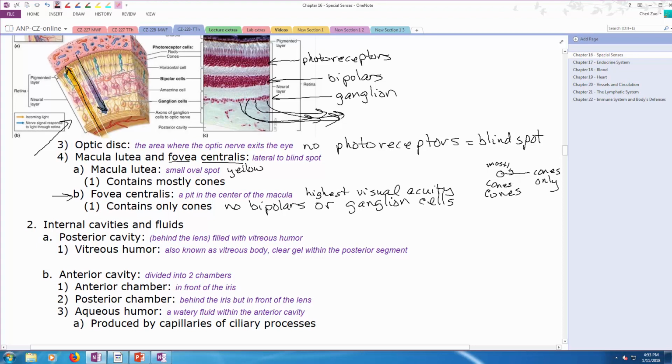More cones. How about some rods? And as we get further away from this, what do you think happens? We end up with more rods and less cones. So that's how the retina is constructed.